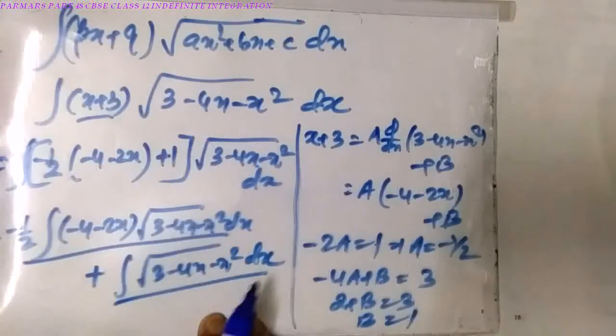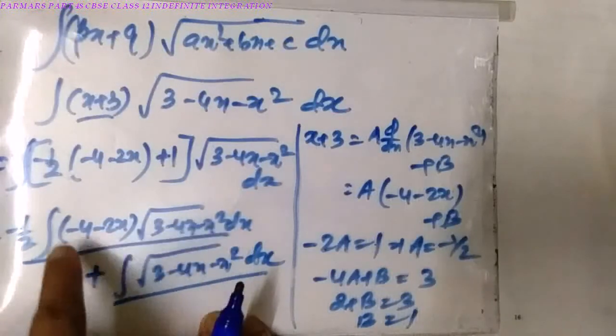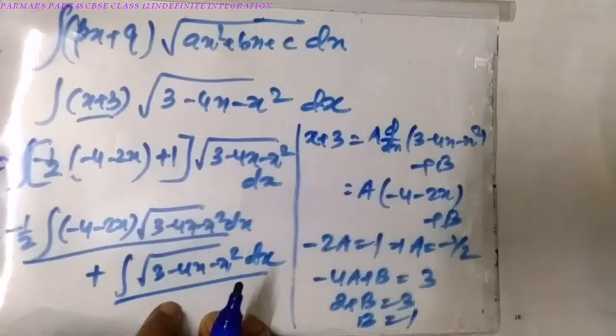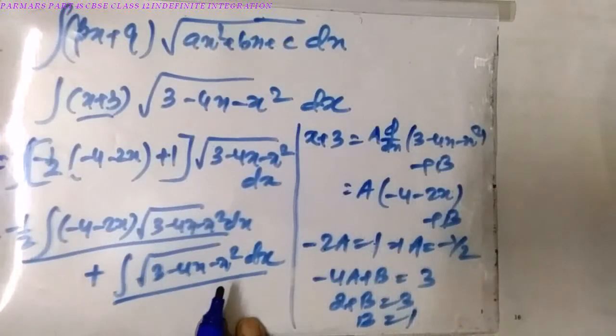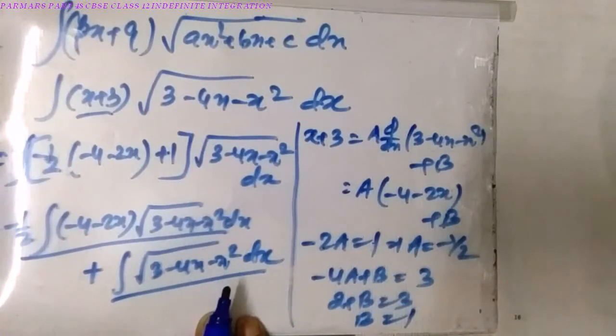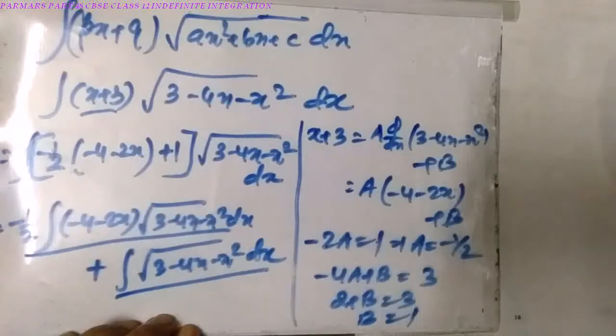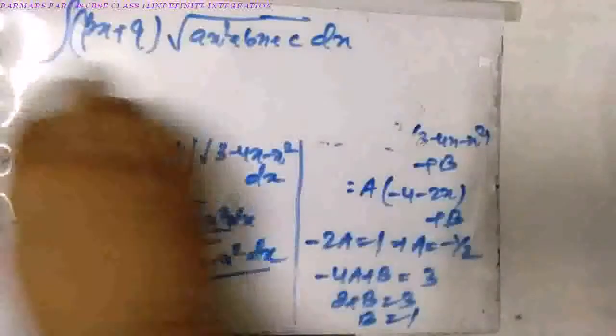In the first one, if you let this as t, you will get dt directly. And the second one, again, as we have done in exercise 7.7, make it a perfect square and go for the kill. Okay?